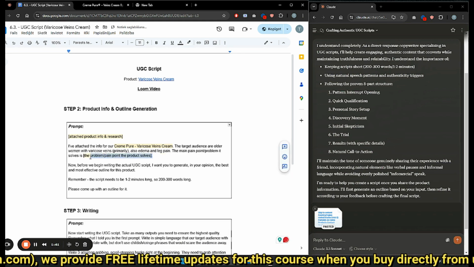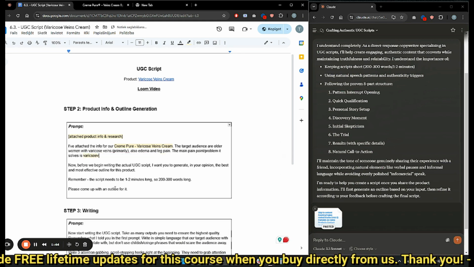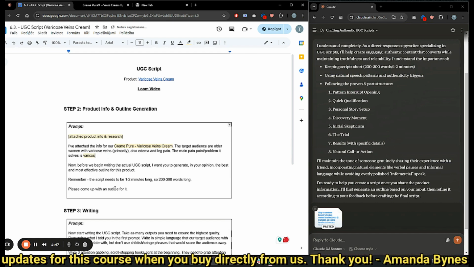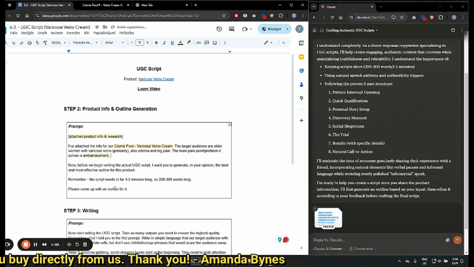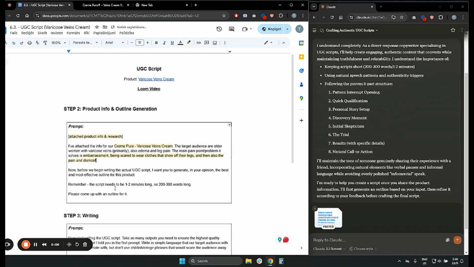The main pain point is varicose vein embarrassment, being scared to wear clothes that show off their legs, and then also the pain and discomfort that comes with it.